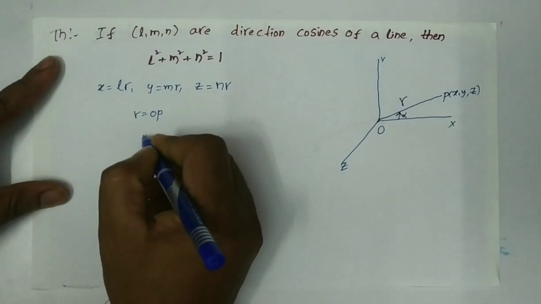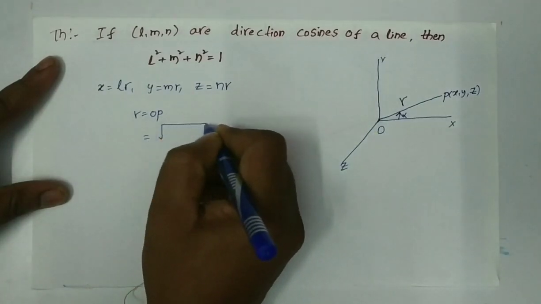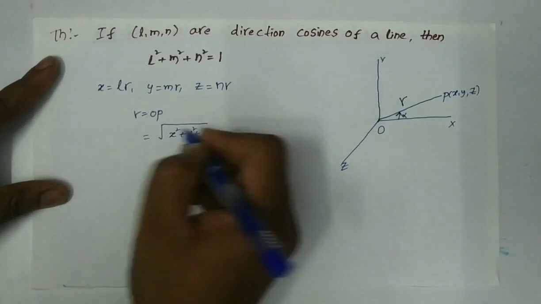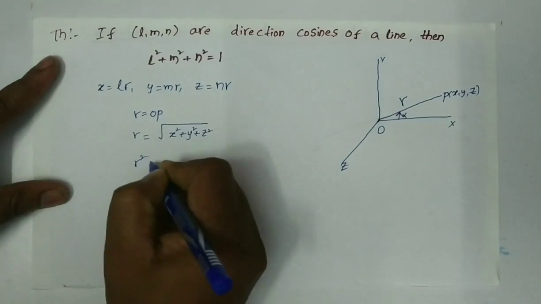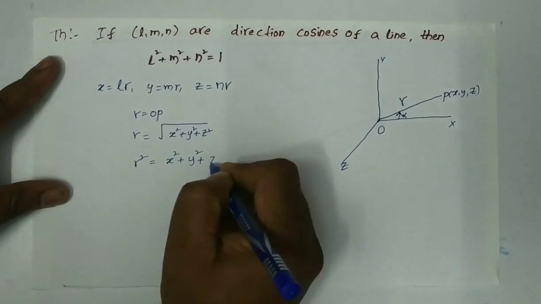OP is nothing but the distance between the origin and the point P. That means under root of x square plus y square plus z square, which is nothing but r. Therefore, r square is equal to x square plus y square plus z square.